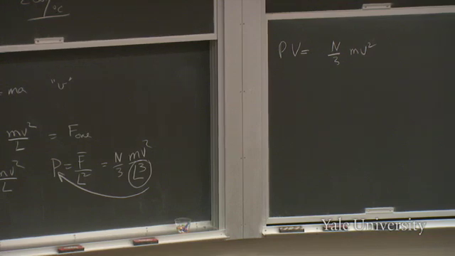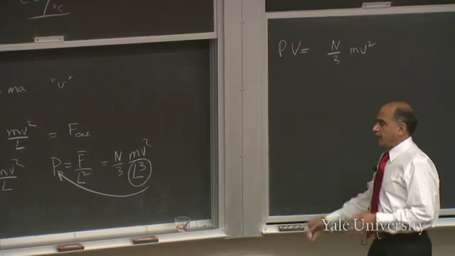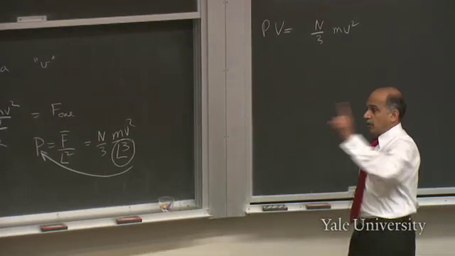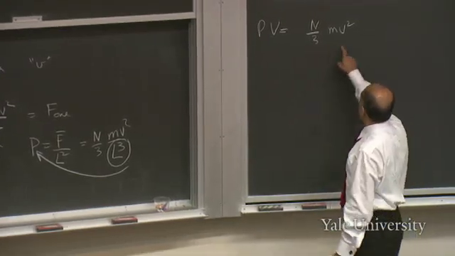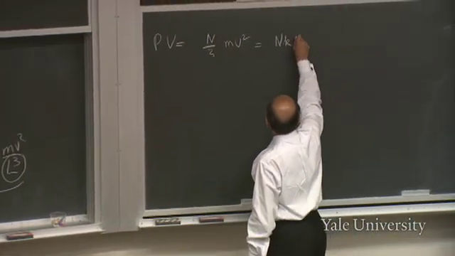This is what the microscopic theory tells you. Microscopic theory says if your molecules all have a single speed, they're moving randomly in space, so that a third of them are moving back and forth against that wall and this wall, then this is the product PV. Experimentally, you find PV is equal to nkT.